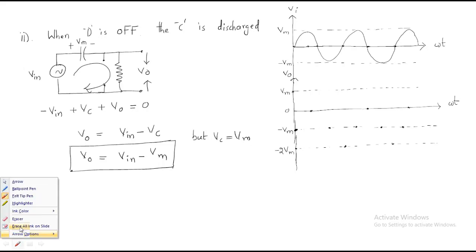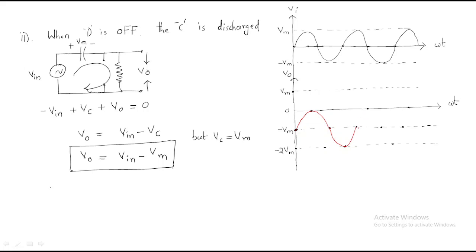So we can draw the diagram by using the equation. We will draw like this. For input 0, it is minus Vm. For input Vm, it becomes 0. For input 0, again it becomes minus Vm. For input minus Vm, it becomes minus 2 Vm. Again for input 0, it becomes minus Vm.